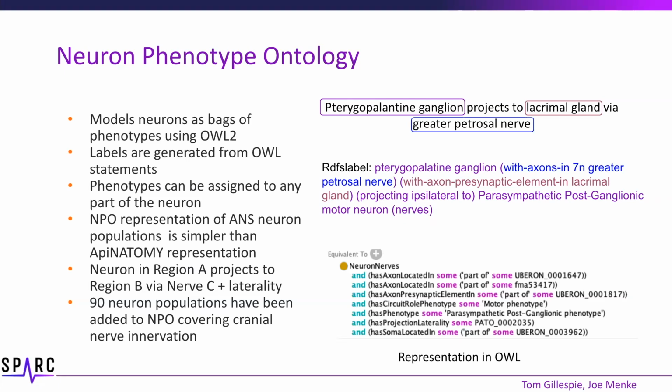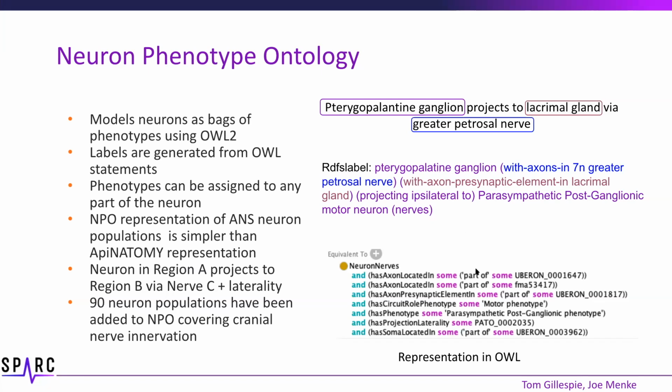So as I mentioned, we're using something called the Neuron Phenotype Ontology. It represents this information in a language called OWL. And it's just very simple. It's that structure A projects to structure B via nerve C. So here you have the pterygopalatine ganglion projecting to the lacrimal gland via the greater petrosal nerve.